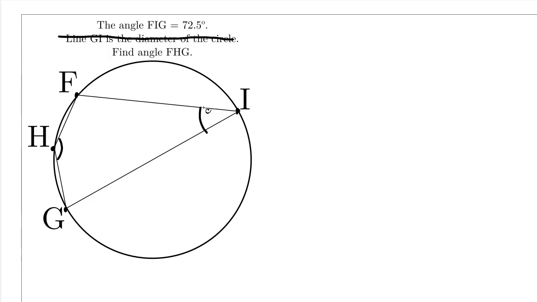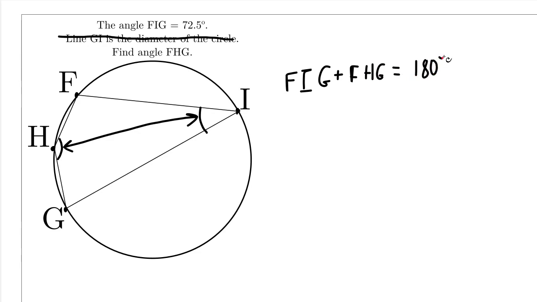So, as it turns out, we know this angle, we're looking for this angle, and they are opposite in this quadrilateral. They're on the other sides of the quadrilateral, which means they add up to 180. FIG plus FHG add up to 180 degrees. FIG is 72.5 plus FHG is 180.